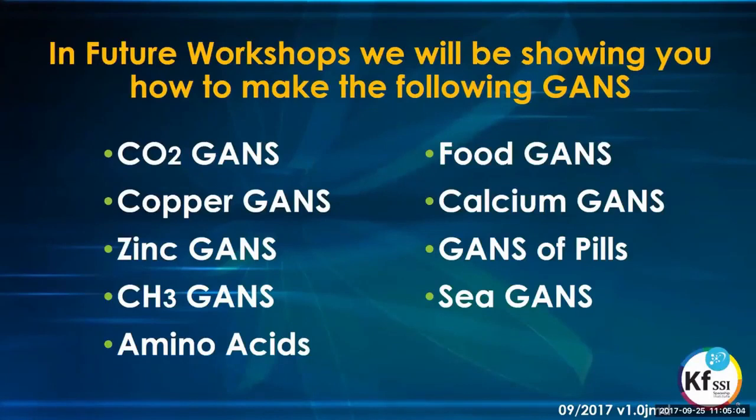In the future workshops, we will be showing you how to make your CO2, your copper, your zinc, and CH3, which are your four main ones, and how you collect your amino acids. In the health sections, we will be showing you creating the food GANS, to make calcium GANS, GANS of pills.